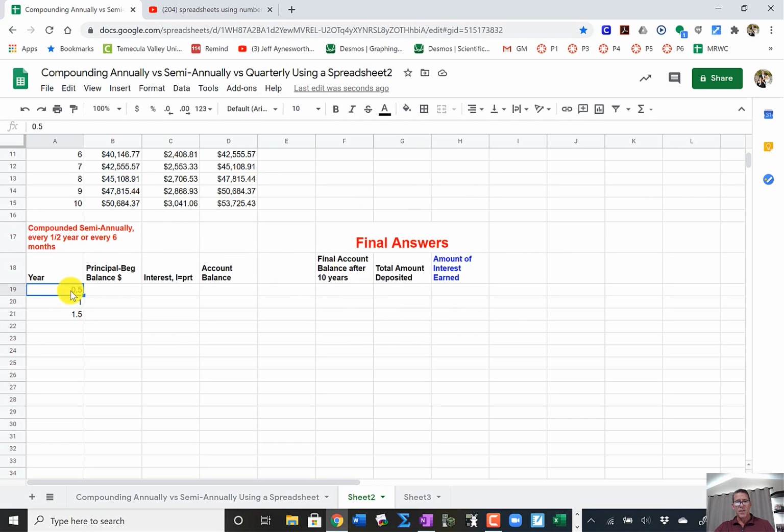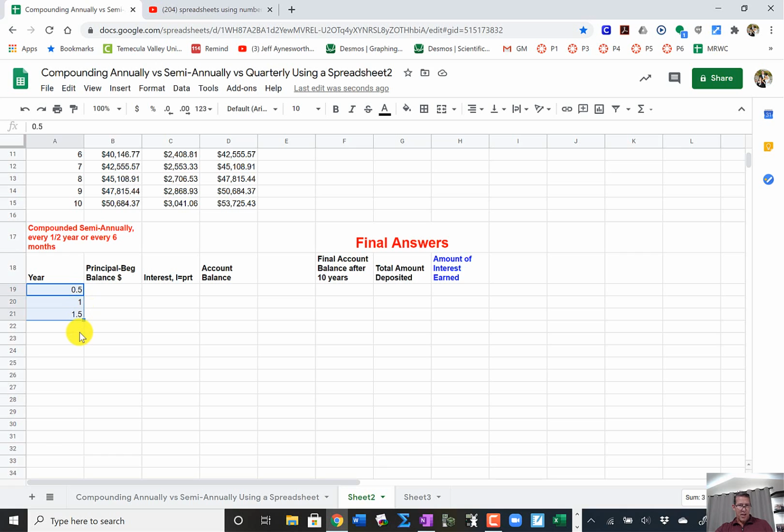So if you go underneath the year column here, so I'm in A19, okay, column A, row 19. And if I highlight these three numbers here, Google Sheets recognizes the pattern, and this is just another arithmetic sequence, okay, where the increment is 1/2, or the common difference is 1/2, or 0.5. It knows that we're just simply adding 0.5.